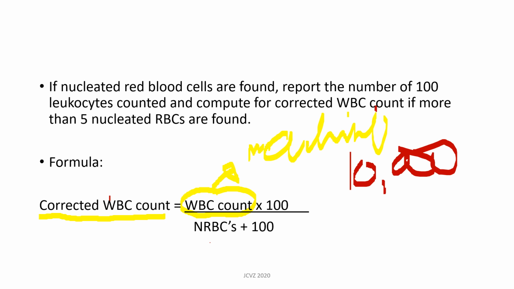What is the corrected WBC count if you were able to count, for example, 22 NRBCs in the peripheral blood film? You have to multiply your 10,000 cells per microliter by 100 and then divide it by 22, because that is the number of NRBCs you counted, plus 100. So that is the corrected WBC count.